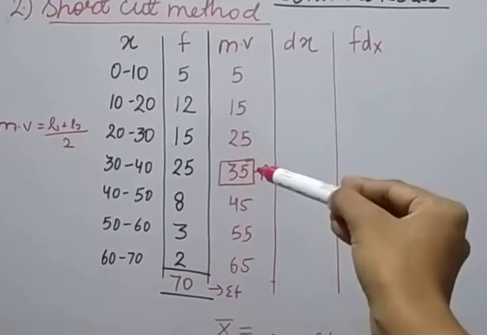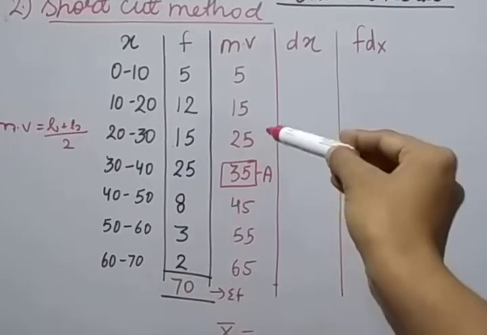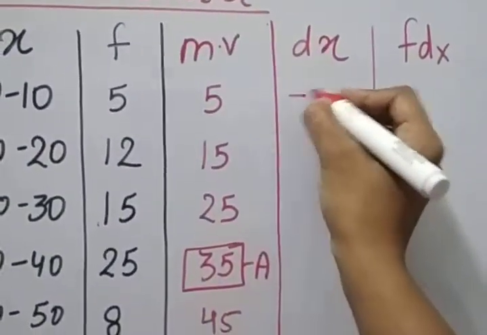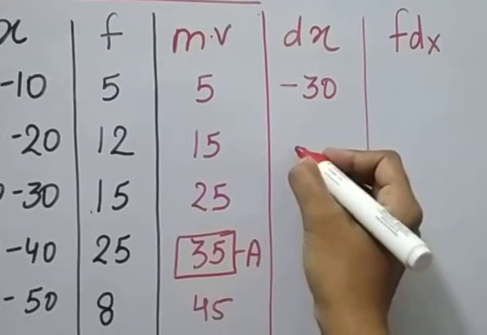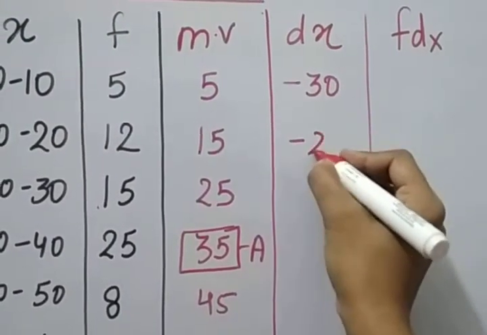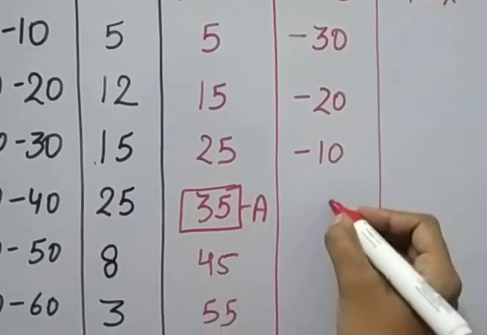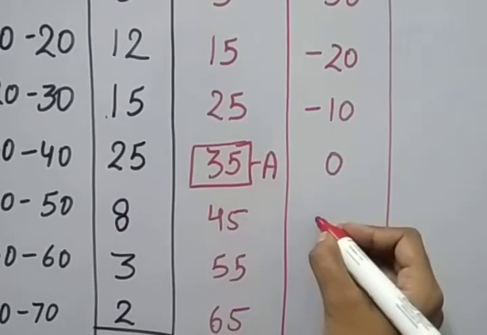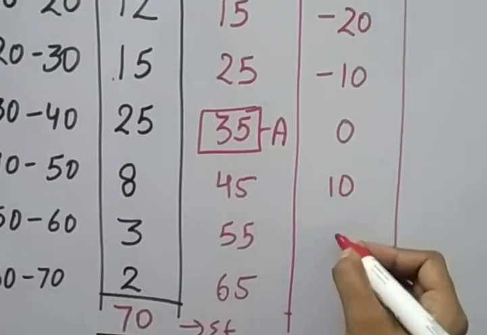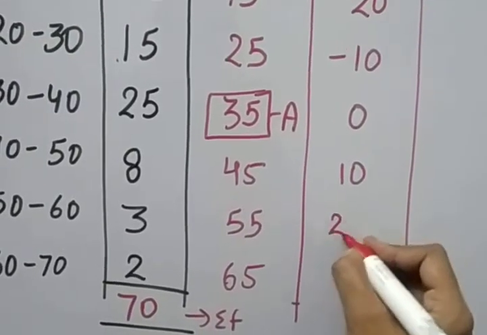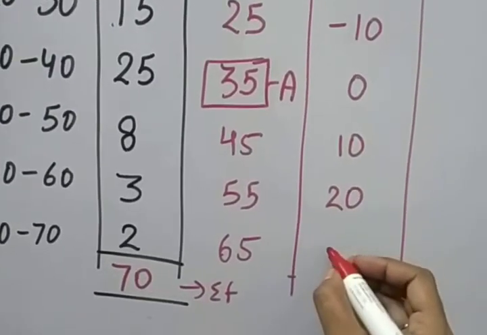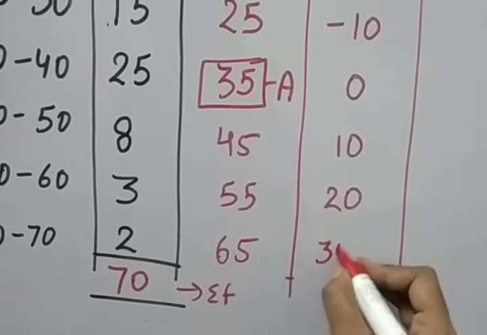So 5 minus 35, 15 minus 35, 25 minus 35. 5 minus 35 is minus 30, 15 minus 35 is minus 20, 25 minus 35 is minus 10, 35 minus 35 is 0, 45 minus 35 is 10, 55 minus 35 is 20, and 65 minus 35 is 30.